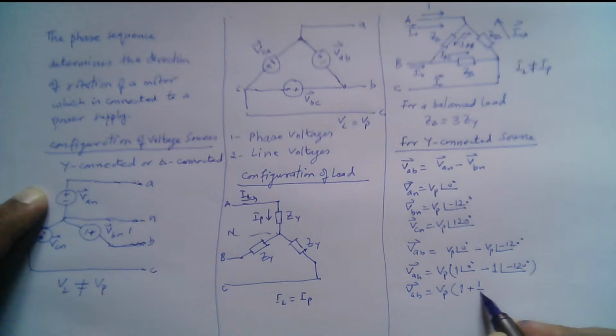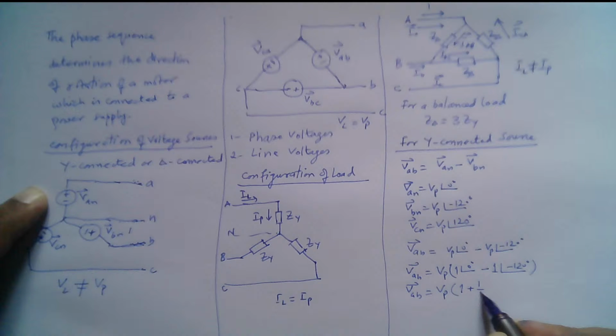And minus sine minus 120 degrees will be j under root 3 over 2, j is for the imaginary part. So this is in effect equal to VP times 3 over 2 plus j under root 3 over 2, right?